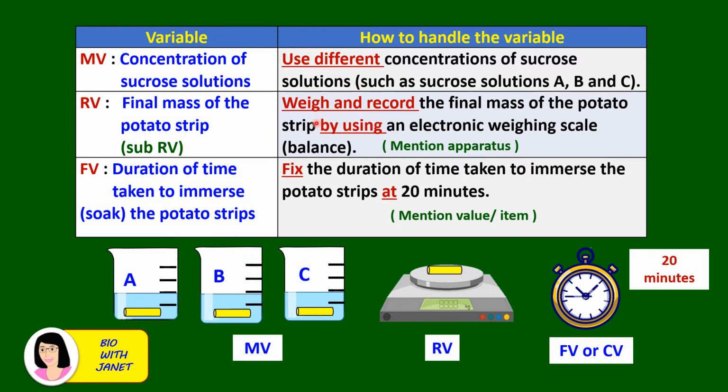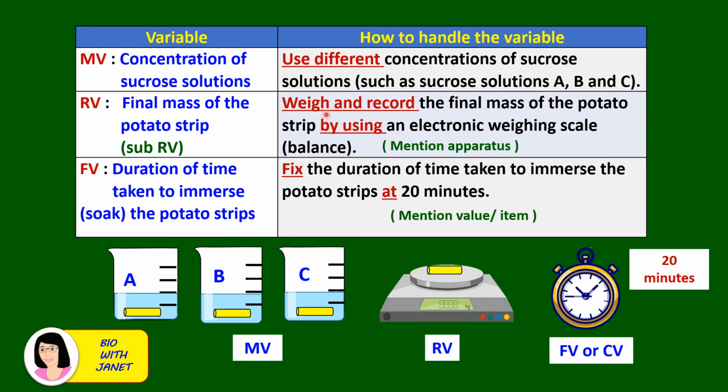This is the basic one. Okay, then for RV we use the words weigh and record. Weighing is for when you use an electronic weighing scale to weigh the mass, but if it is measuring the length of something, then you say measure and record. So it depends on what apparatus you are using.